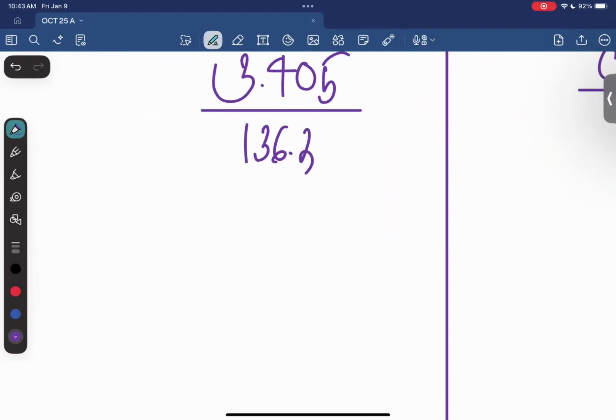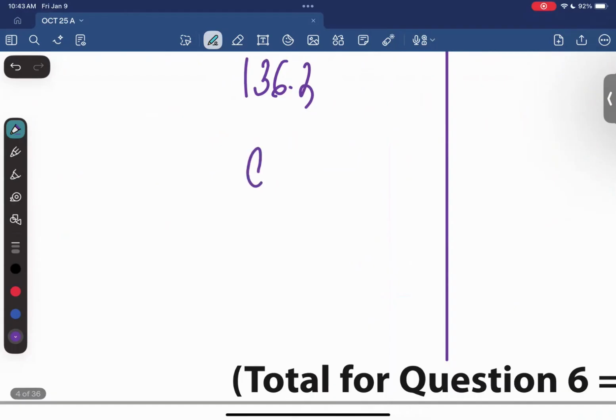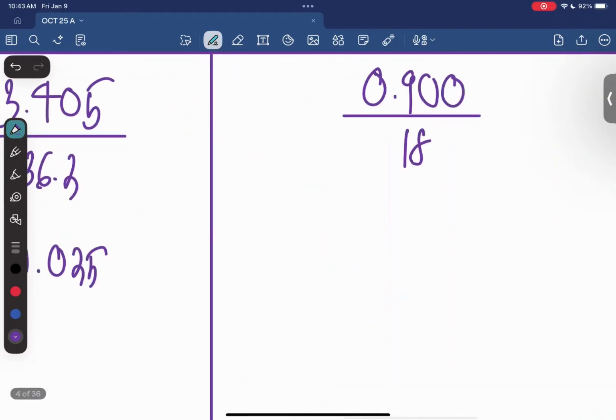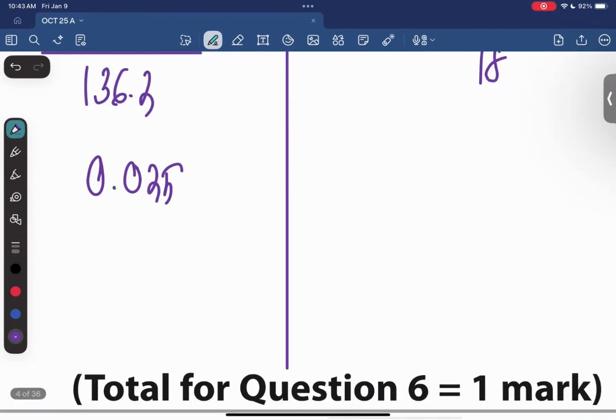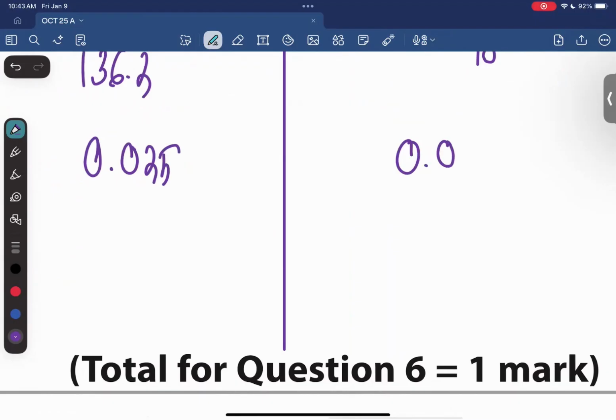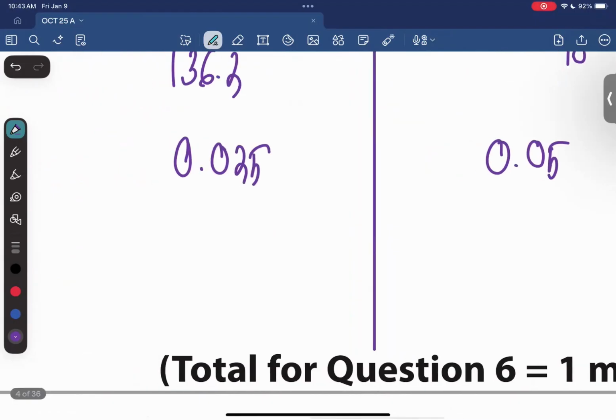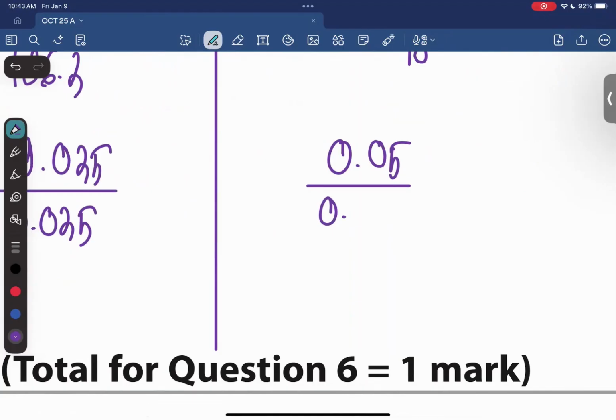3.405 divided by 136.2. You should be getting a value of 0.025 over here, and 0.900 divided by 18, you should be getting a value of 0.05. Now, which one is the smallest value? This one, right? Now you're going to divide both of these by the smallest value you have, 0.025.